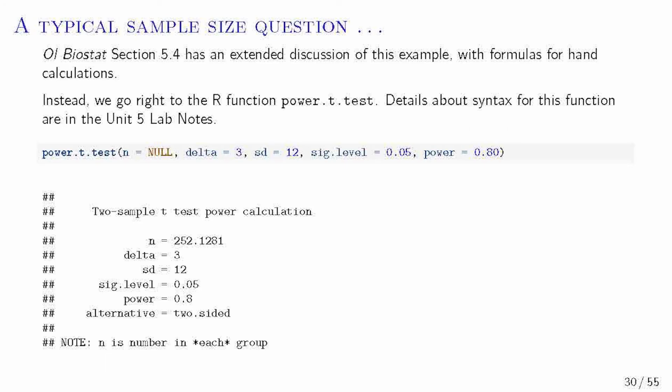This can be done by hand, or it can be done with software. We're going to leave this here for now, and I urge you to look over section 5.4 and follow the calculations through. Make sure you get a feel for how this works and how the different factors affect power and sample size.